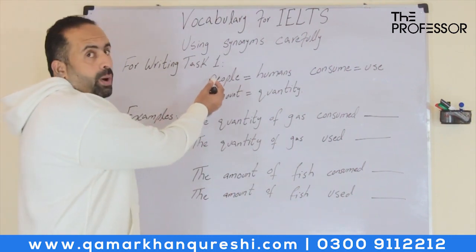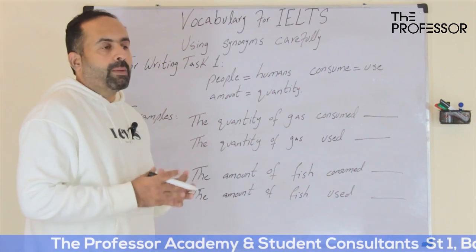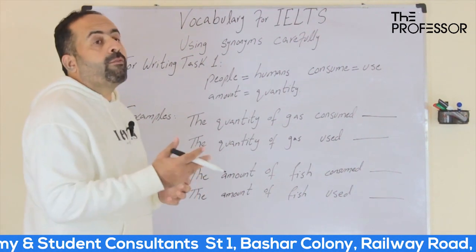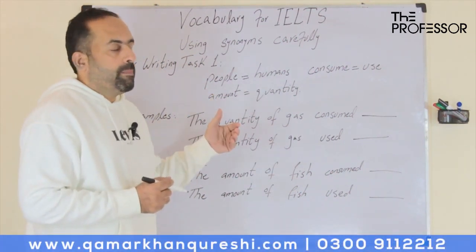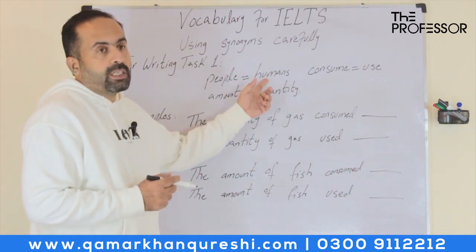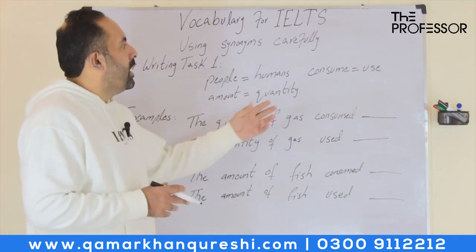For writing task 1, where you have to describe something, some bar, some chart, some diagram, and you have to make comparisons, so you have to paraphrase. For example, for people, we can use humans, but not always. We are going to do these examples.